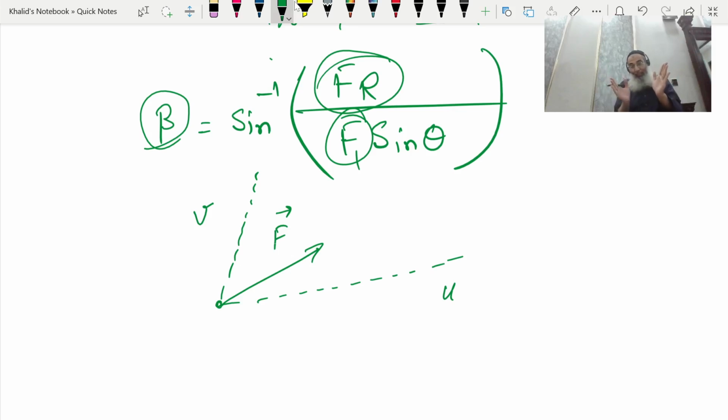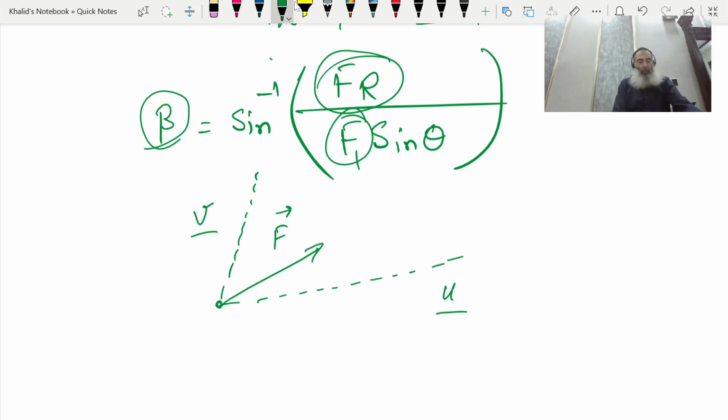But again, after we have those two forces from the u and v directions, this F will be no more there because it is replaced by those two forces. Actually, it is there, but in the form of those two components.